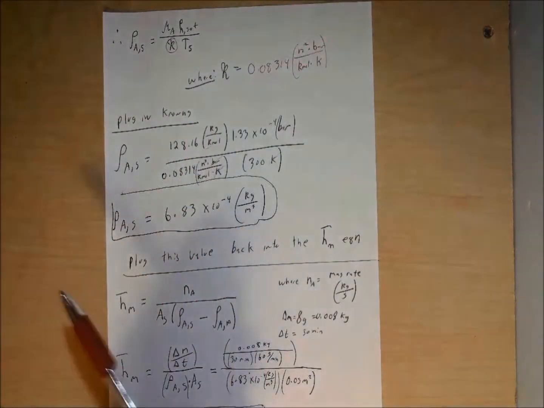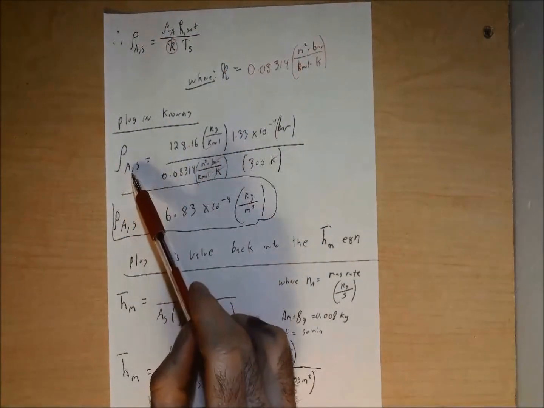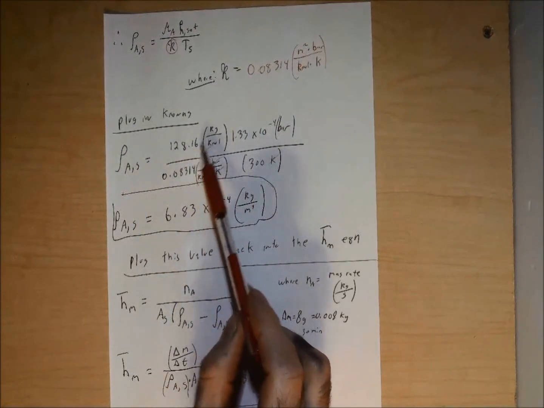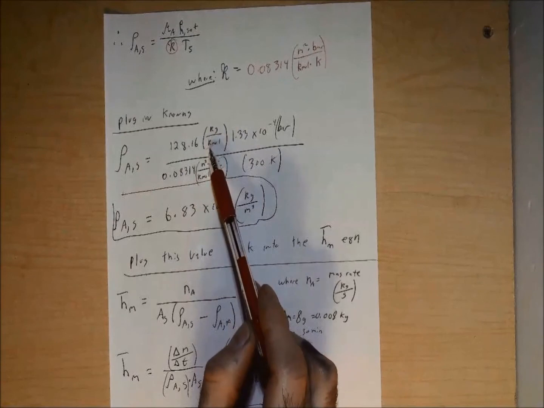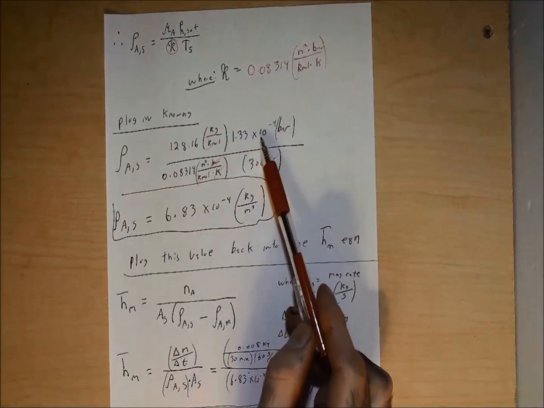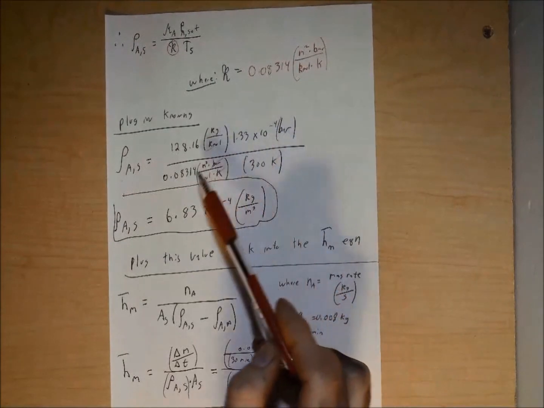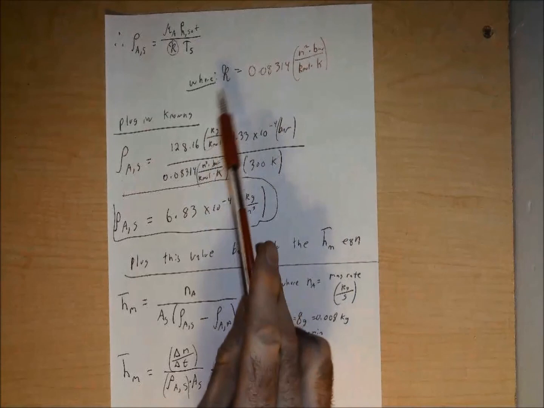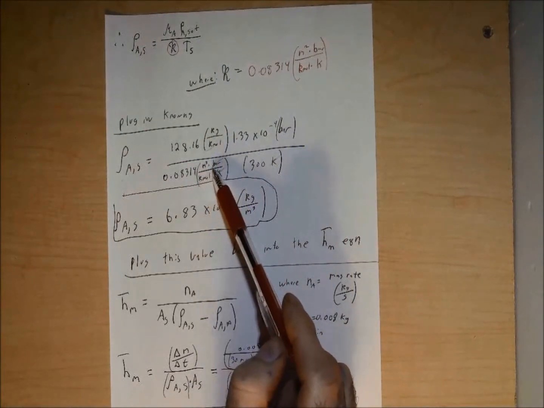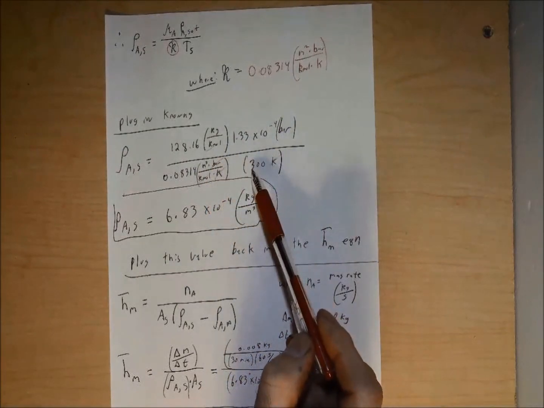So if we plug our known values into this relationship, we now get density A comma S is equal to 128.16 for molecular weight, in units of kilograms per kilomole. Now our density here is given to us as 1.33 times 10 to the negative 4th in units of bar. On the bottom we have our universal gas constant, again those same units of meters cubed times bar over kilomoles times Kelvin, and then we have our T sub S in Kelvin.